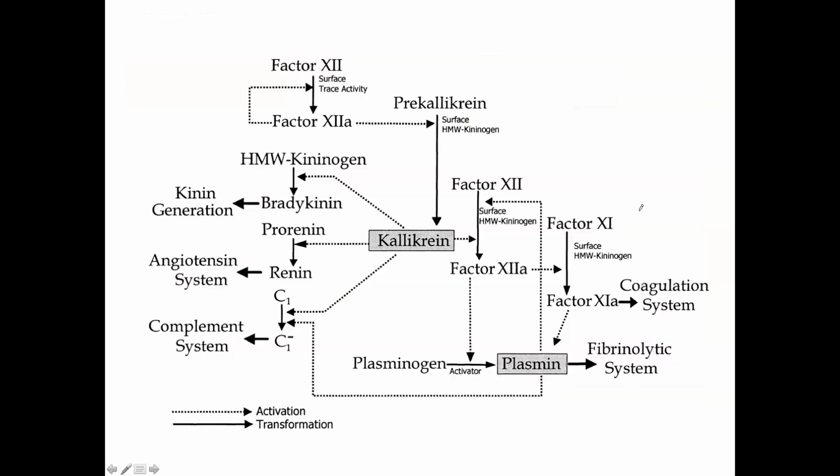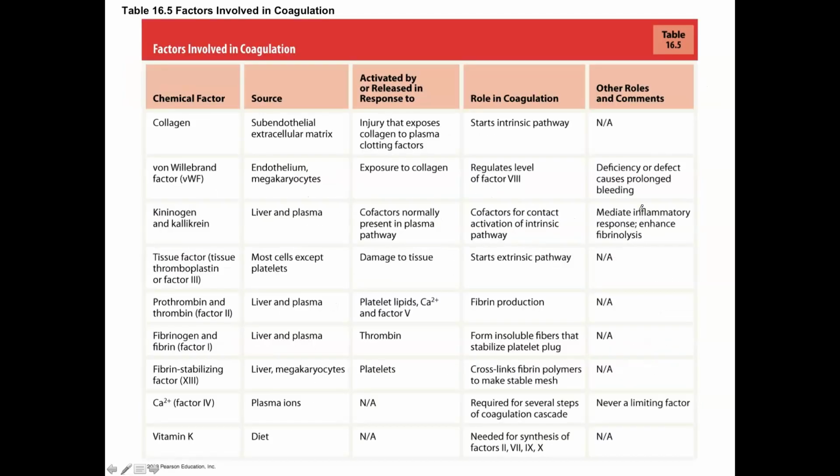So I want to move ahead here and show you some other diagrams. First off, before we get into the anticoagulants, this is just a nice summary diagram for the chemicals that we looked at in the coagulation pathway.